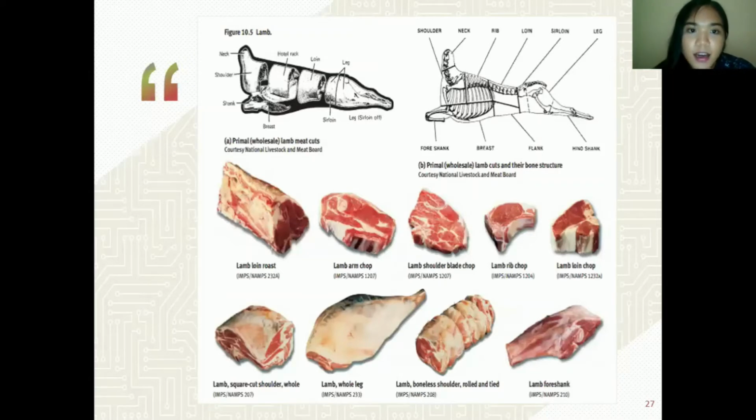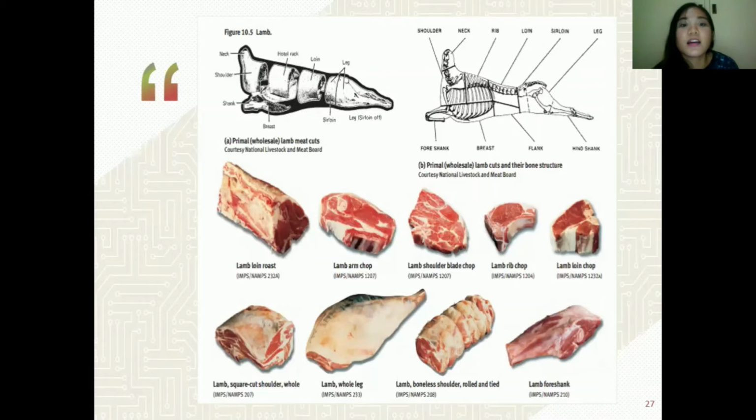Next is the primal lamb meat cuts and its bone structure. You can see through the lamb meat cuts and their structure, they will have the neck, the shoulder, the shank, the breast, the sirloin, the leg, the sirloin of the loin, and the hotel rack.